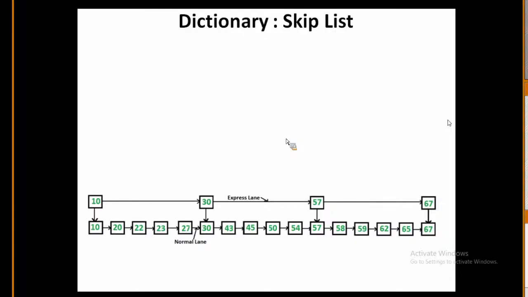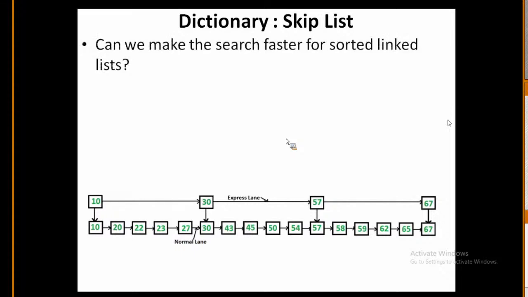First and foremost, like how we understood dictionary, we should also understand skip list. Now, can we make the search faster for a sorted linked list? As you are seeing, this is a linked list, the bottom part of it, with 10, 20, 22 and so on, and everything is sorted.